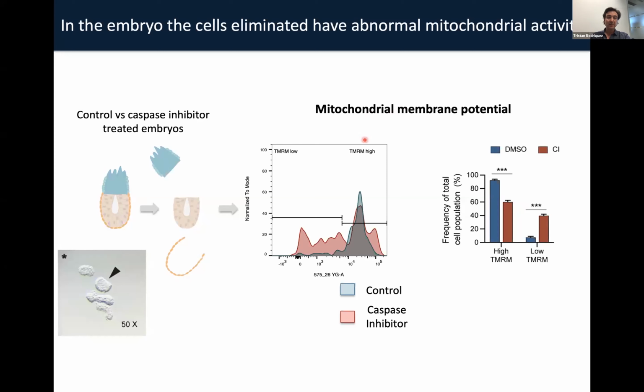When she did this, she observed that whilst control cells all have quite high mitochondrial membrane potential, cells from caspase inhibitor treated embryos showed a big range of mitochondrial membrane potentials, with a significant proportion of them showing a loss of mitochondrial membrane potential, confirming our results that the cells eliminated in the embryo are most likely to show mitochondrial dysfunction.